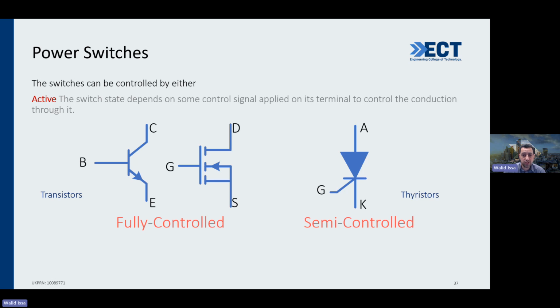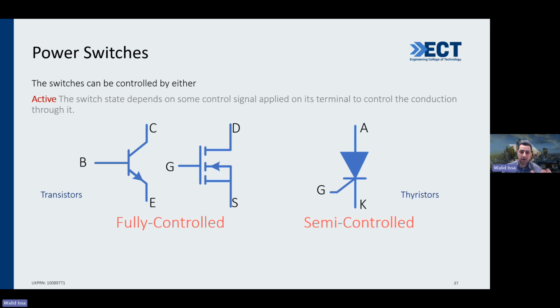What about the other transistors or thyristor switches? For example, we have BJT transistor, we have MOSFET here, and we have thyristor at the right-hand side. The transistors are fully controlled devices because I can turn them on and off by a gate or a base. I can give current or signal, it will turn on. If I release that current or signal, it will turn off. And for the thyristor, no, it's semi-controlled because I can turn it on, but I will not be able to turn it off.